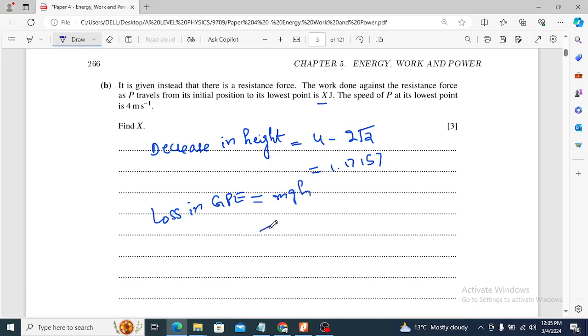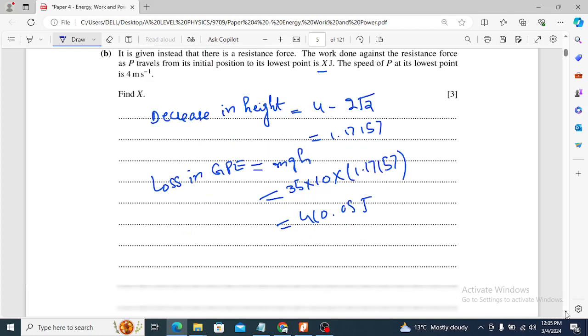The mass is 35, g is 10, and the height is 1.17157. So the potential energy calculated will be 410.05 joule. This is the loss in potential energy.